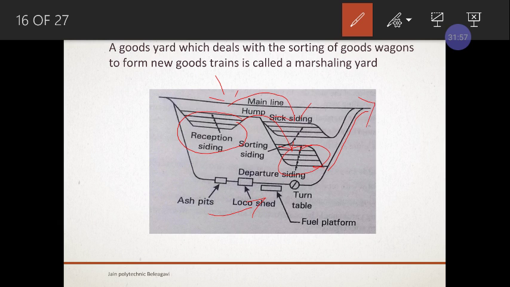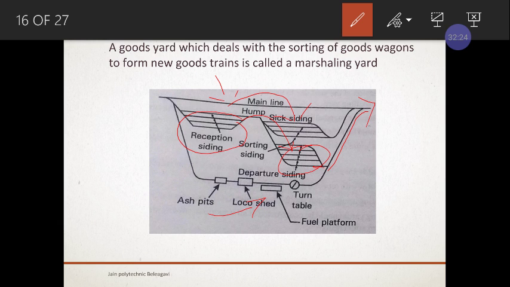So the wagons are brought in by the engine, and then the engine goes off to the locomotive yard for its repair and maintenance work. Till then the sorting, cleaning and servicing of the wagons is done; the engines are serviced separately in the locomotive yard.